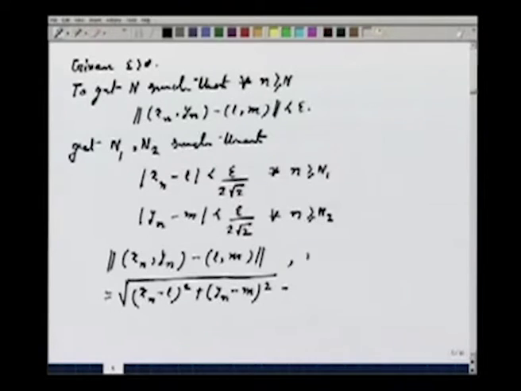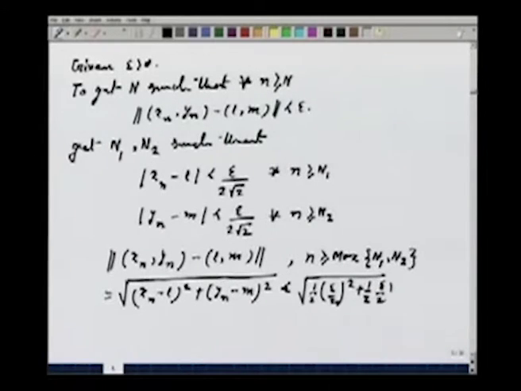If I assume my n is bigger than or equal to the maximum of n1, n2, then what I get is that this is less than the square root of half (epsilon by 2) square plus half (epsilon by 2) square.